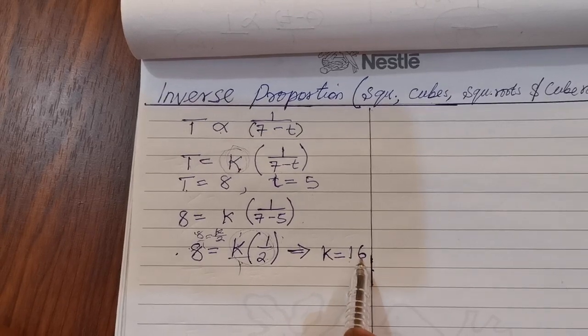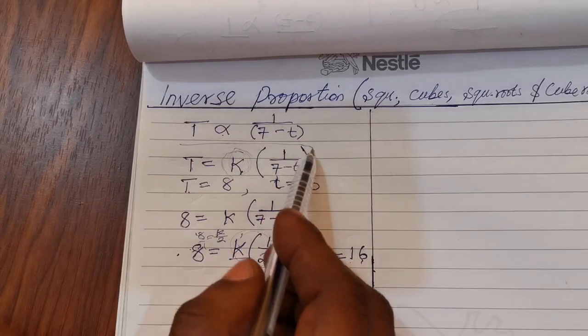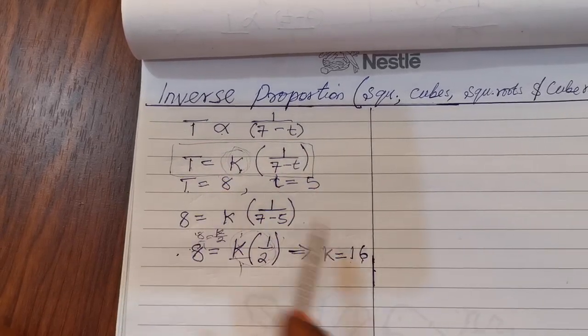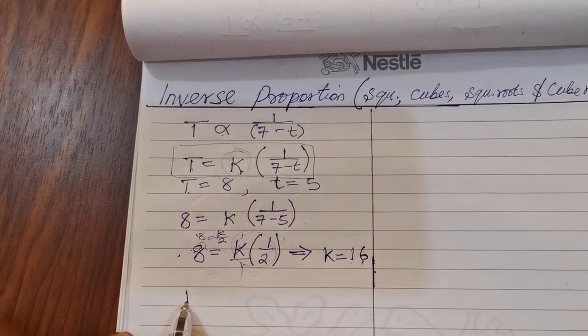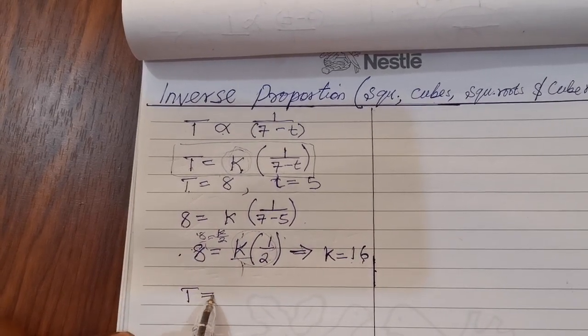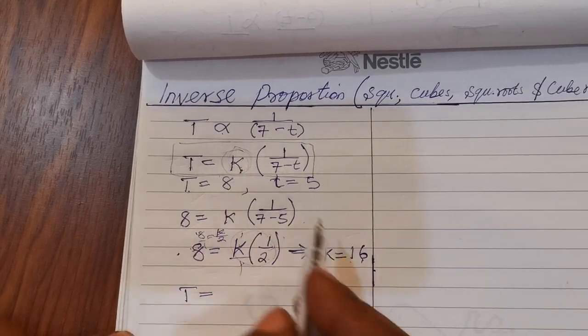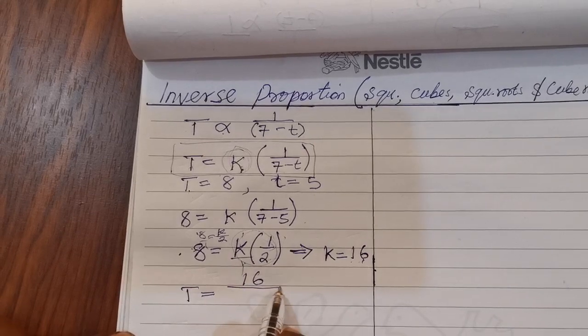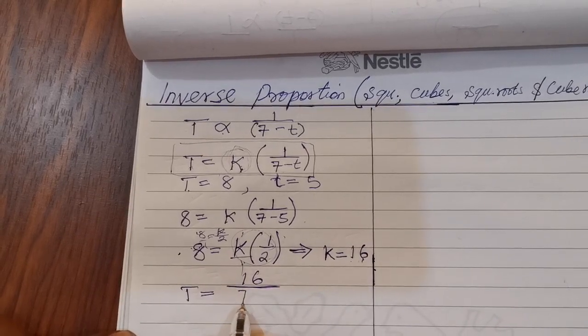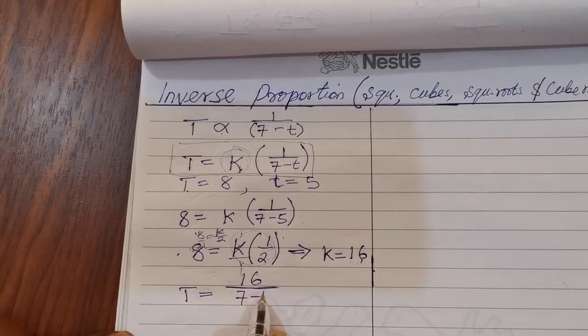Then I will now put this 16 back into this equation. If I put this 16 back into this equation, I have T is equal to k, now 16, so let me have it 16 all over 7 minus t.